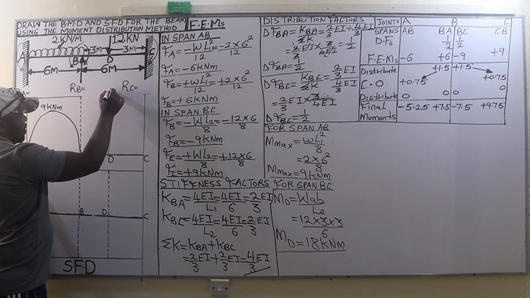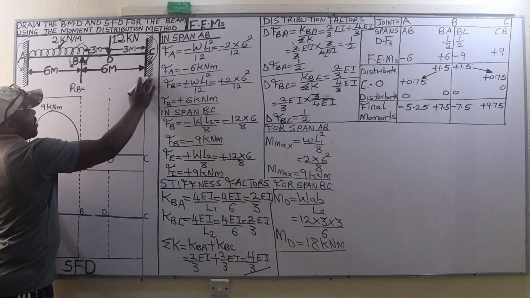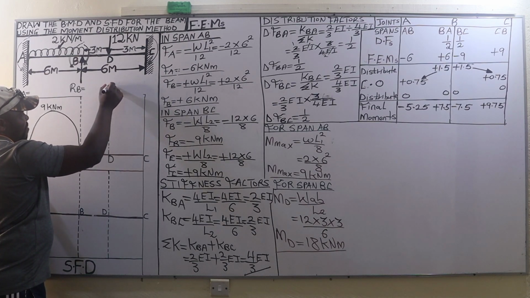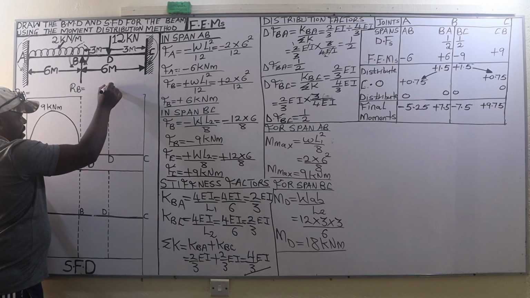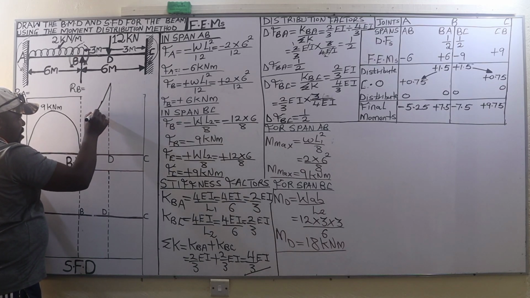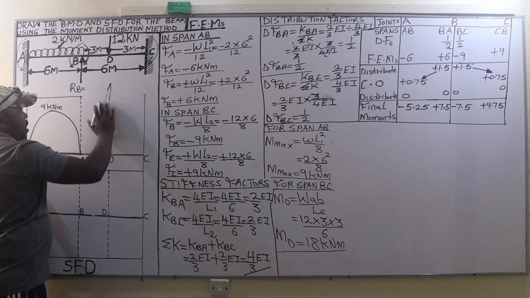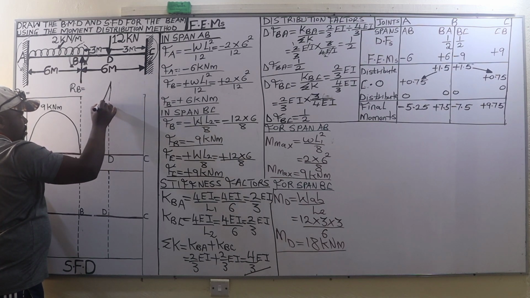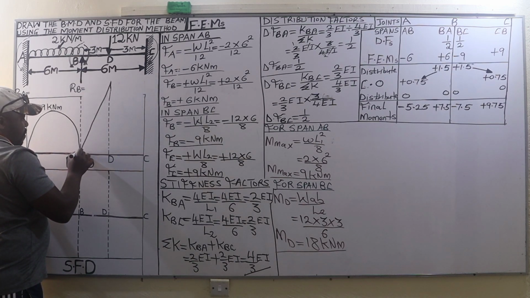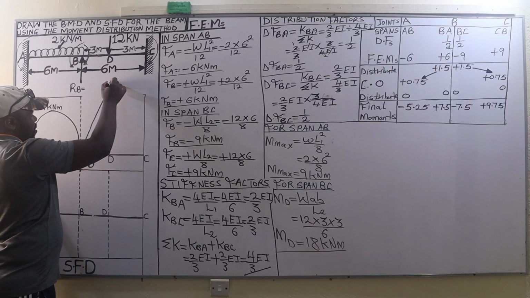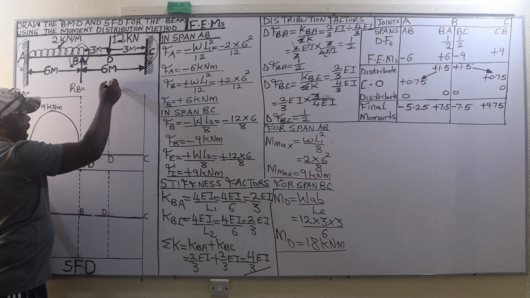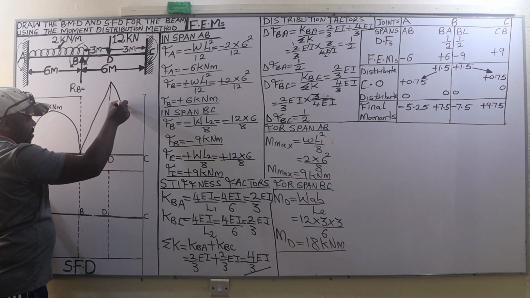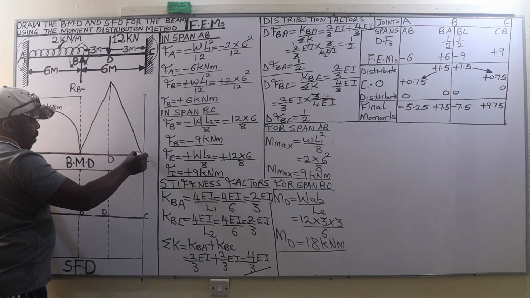Just let me remove this reaction at C. So we are going to join this all the way there, and then we join it to C. Good.